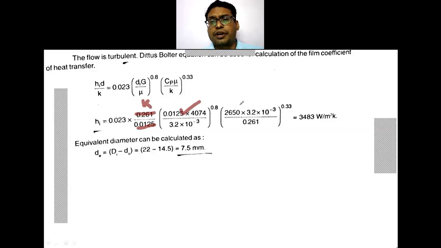And this Reynolds number is already calculated. Prandtl number is Cp mu upon K, the same K. And this HI comes as 3483 watt per meter square Kelvin.